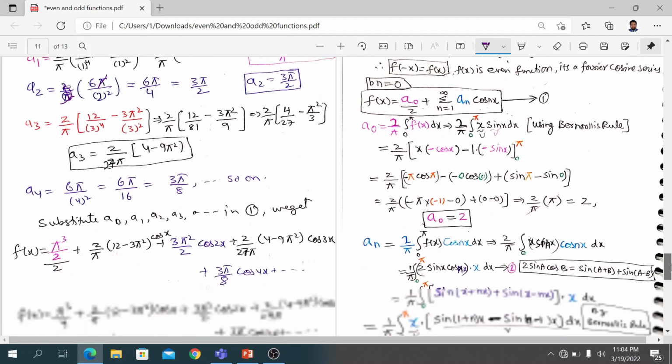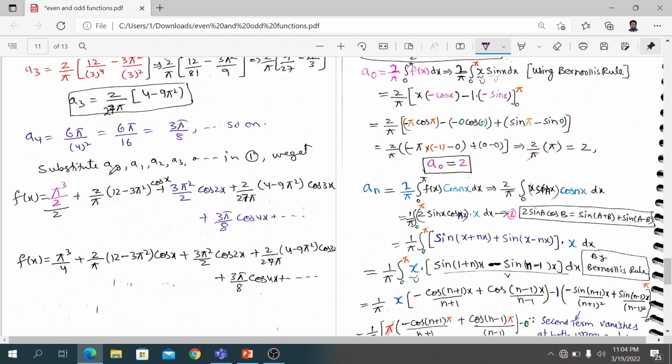So what we will do, substitute a naught, a1, an into the first equation. F of x is equal to a naught, pi cube by 2, plus 2 by pi times these values as we found: a1 is 2 by pi, 12 minus 3 pi square cos x, plus 3 pi by 2 cos 2x, plus 2 by 27 pi, 4 minus 9 pi square cos 3x, plus 3 pi by 8 cos 4x, and so on.